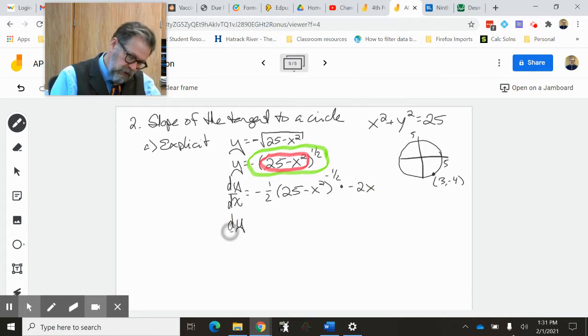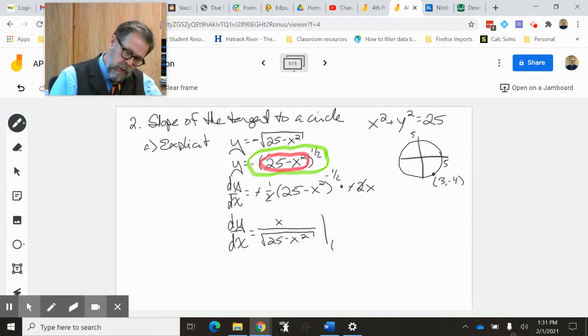So doing a little simplifying, I get the derivative of y with respect to x. The negatives will cancel each other out. The 2's will reduce. And I'm left with x over the square root of 25 minus x squared.